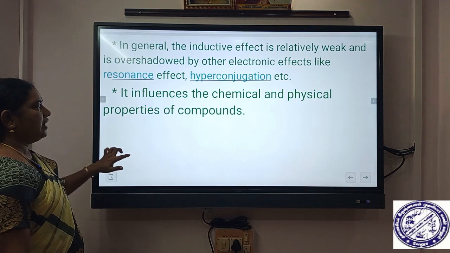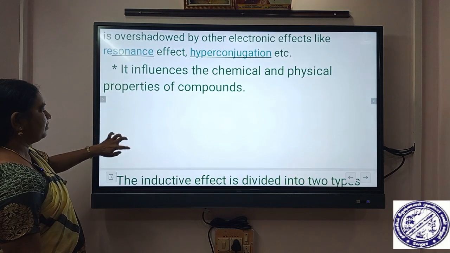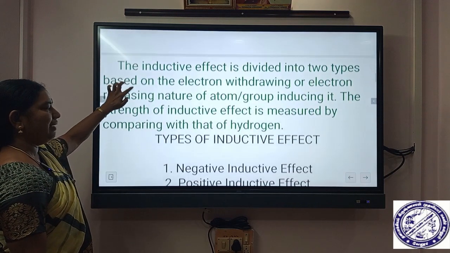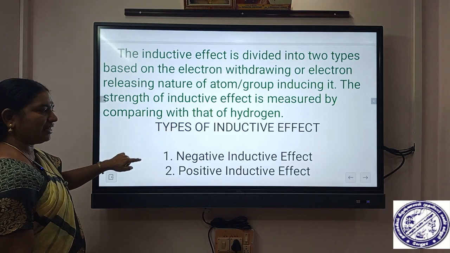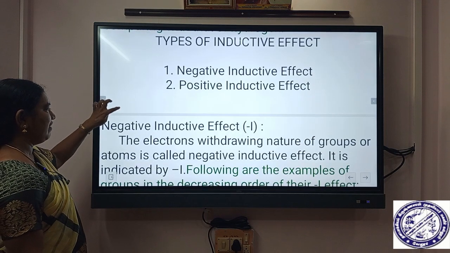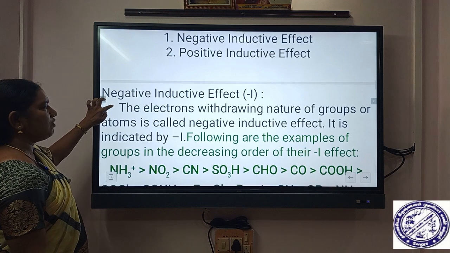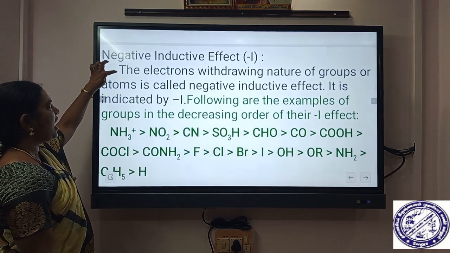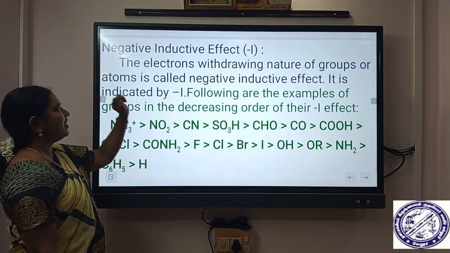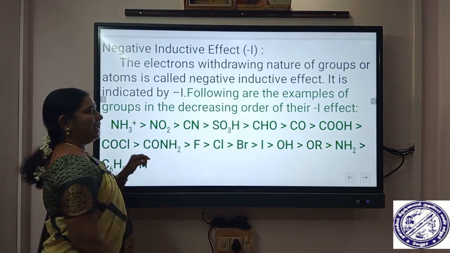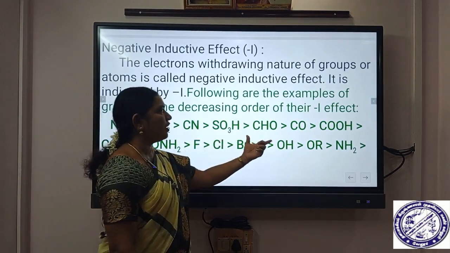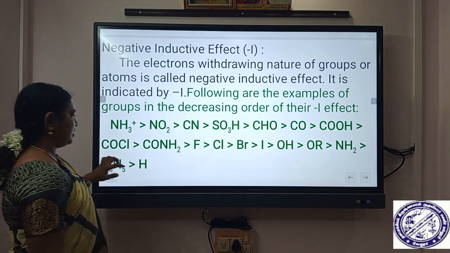Now we have to see the types. I said there are two types, that is negative inductive effect and positive inductive effect. Negative inductive effect: the electron withdrawing nature of the groups or atoms is called negative inductive effect. It is indicated by minus I, and this is the decreasing order of the minus I effect.